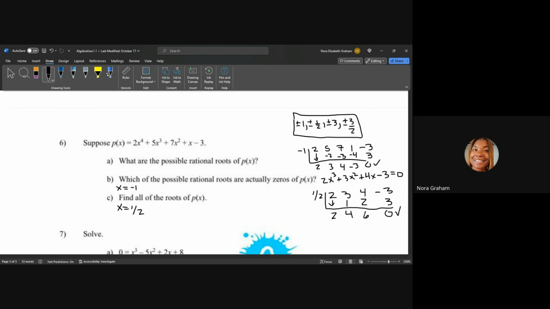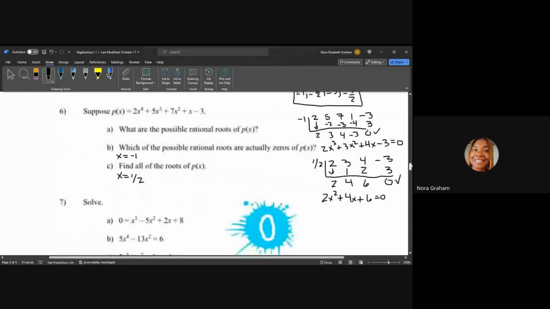So I'm going to use these coefficients, and I'm going to go down 1 more degree. So now I have 2x to the second plus 4x plus 6 equals 0.